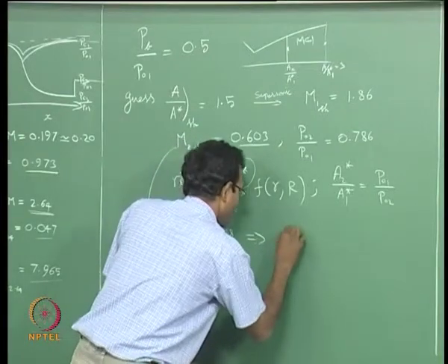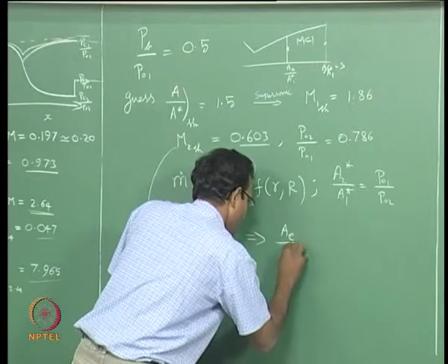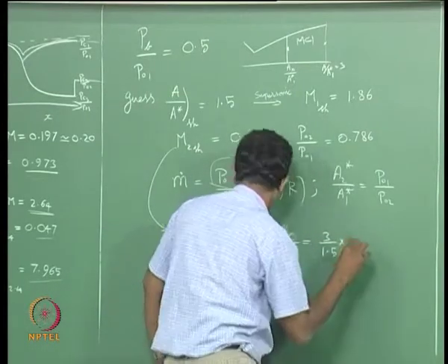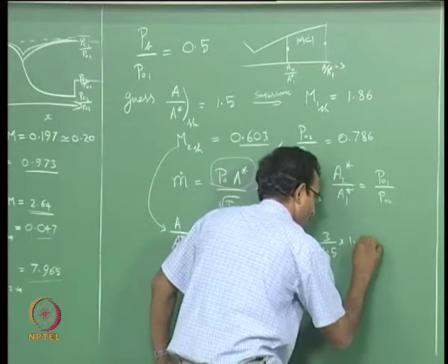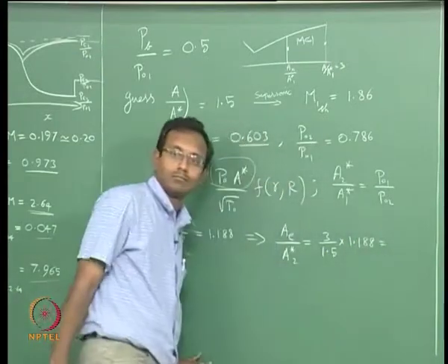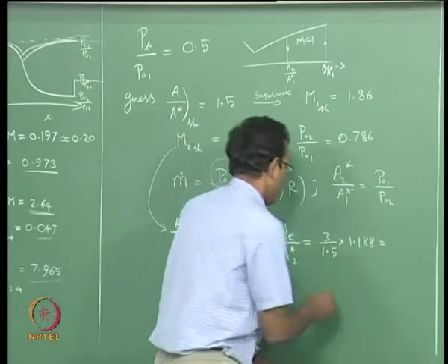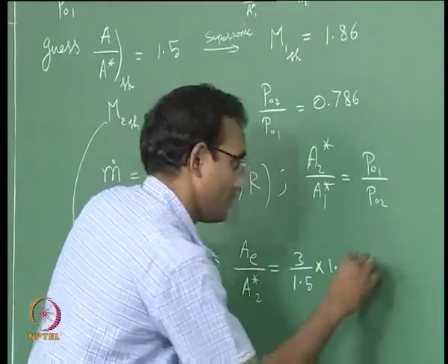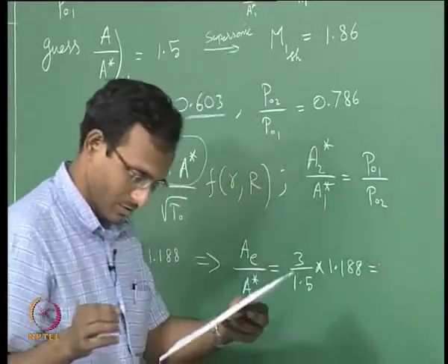This is going to tell me my A exit by A star 2 is going to be 3 by 1.5 into 1.188, right. So let us find this number. That is going to be 2.376.